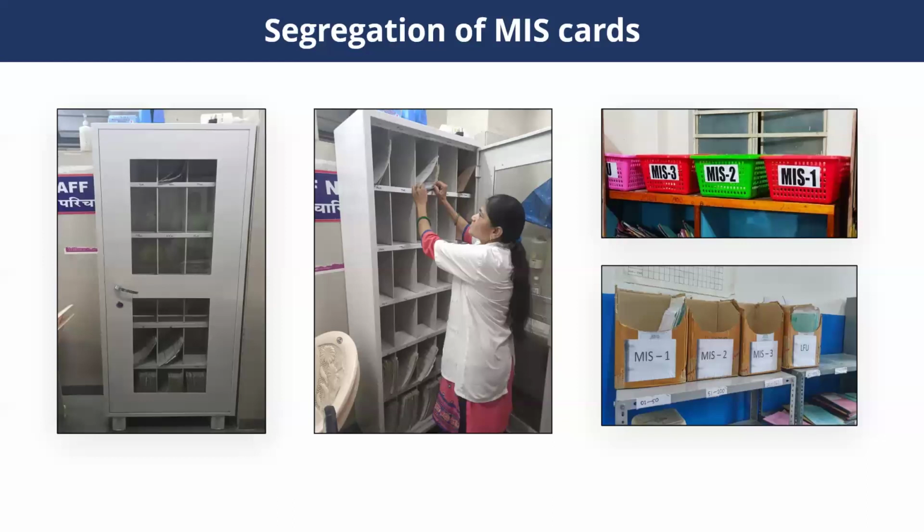And there are certain other centers, in a very low cost setting, where they put the cards in bins. If a patient is not coming today, they put their card in this bin. This is M1, and maybe 48 hours after that, if they are not coming, they put it in that bin. When you see that there are more cards in that bin, that will make the ART staff understand that, oh, I have missed so many patients today.